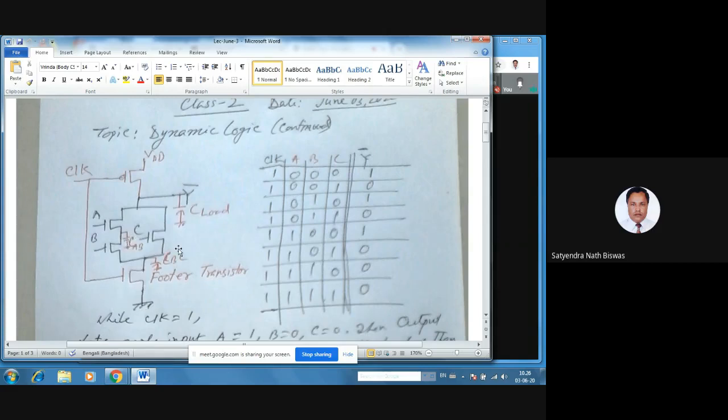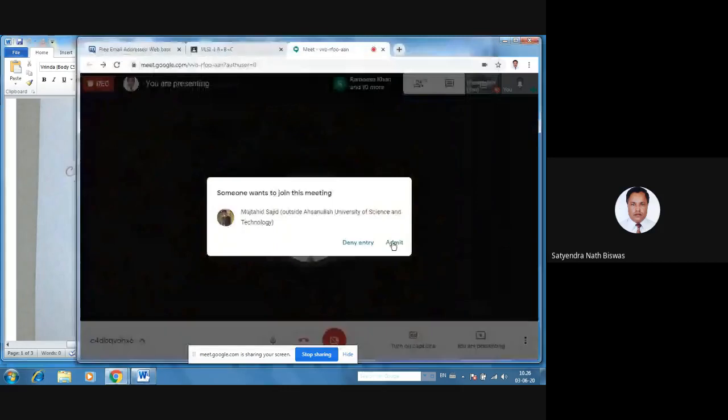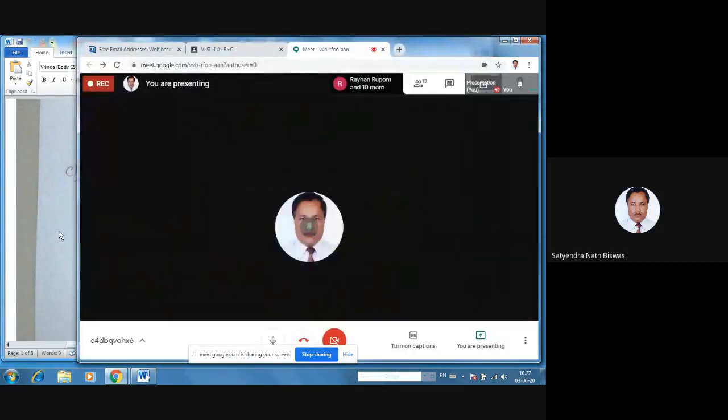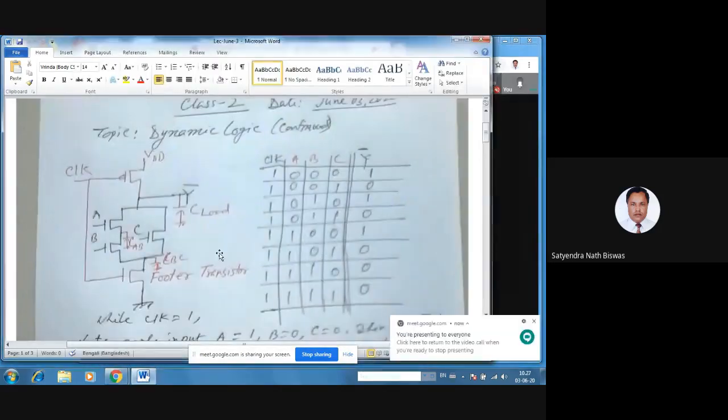And the next time, if we go back to the previous condition, A equal to 1, B equal to 0, and C equal to 0, then B and C are off again, but A is on again. In this case, the voltage of the load will again be discharged through A and will charge the CAB.